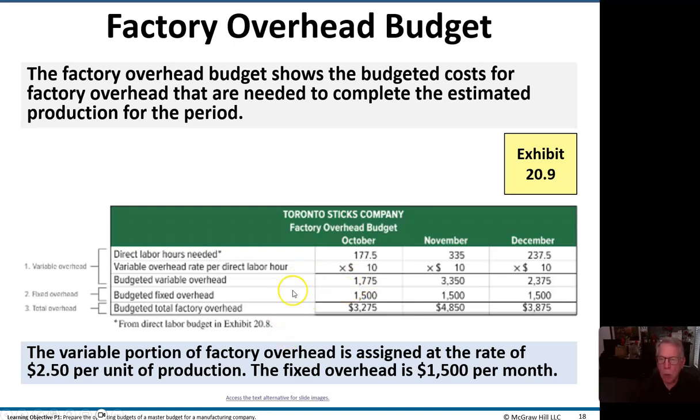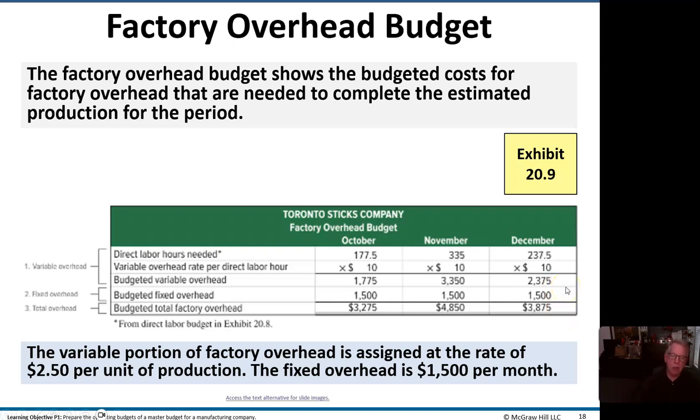And so we can calculate the budgeted variable overhead here plus the budgeted fixed overhead here. That gives us the total budgeted factory overhead here and here.